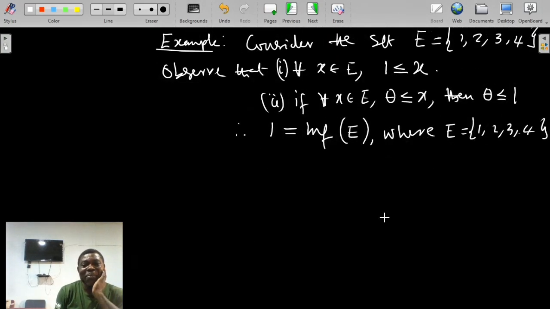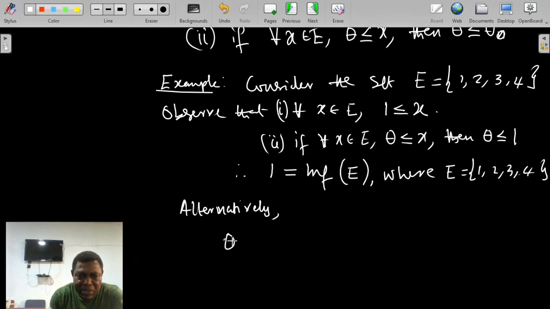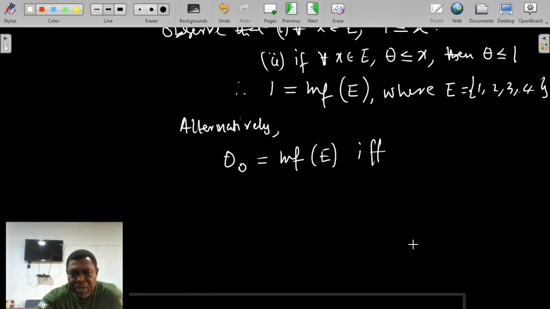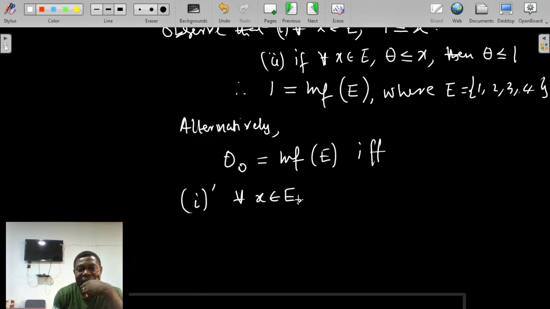Next, another interesting characterization of the infimum of a set E is the following. I will say alternatively, theta naught equals infimum of E if and only if, I'll put here I prime: for any x in E, theta naught is less or equal to x.